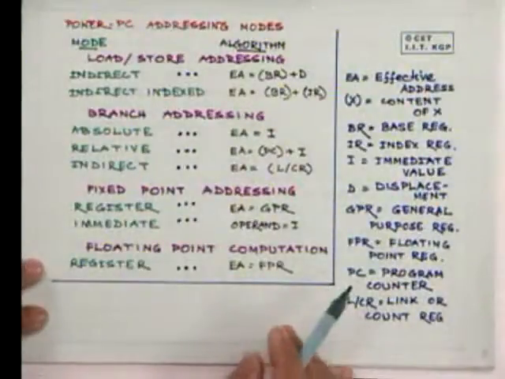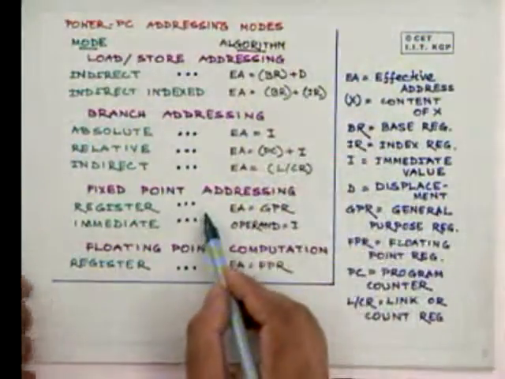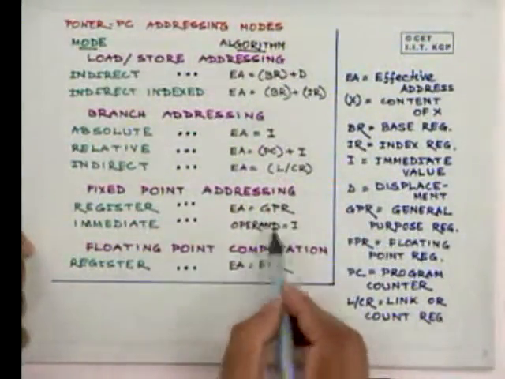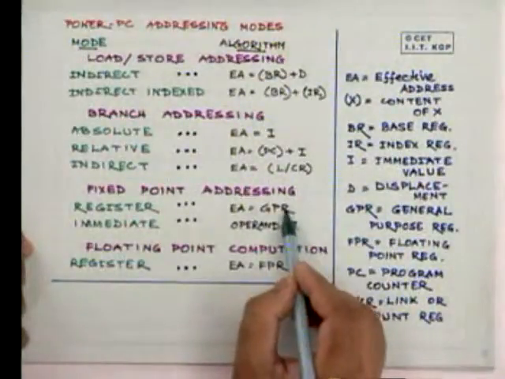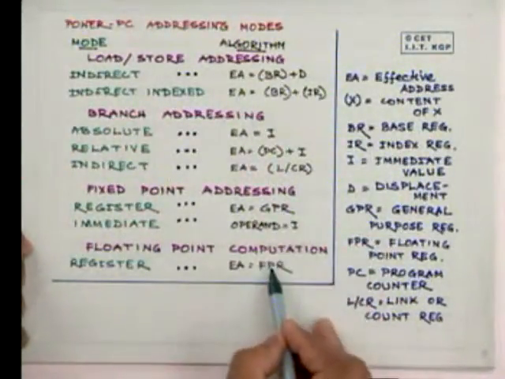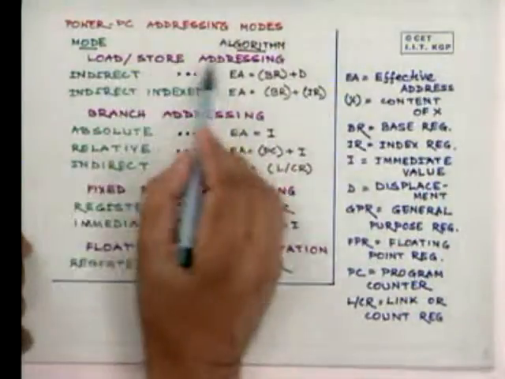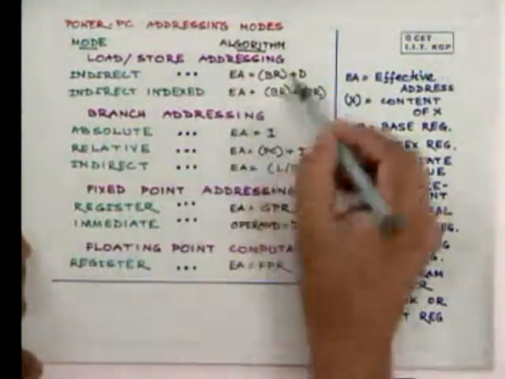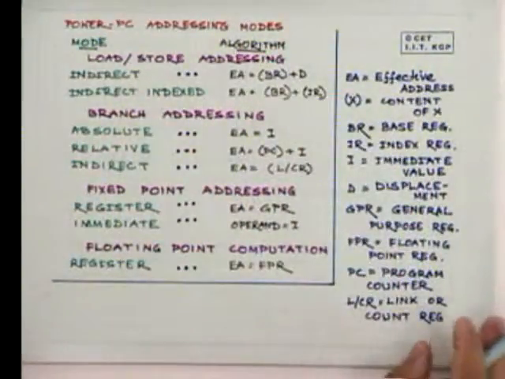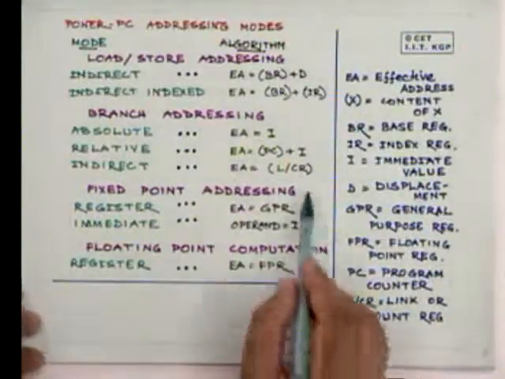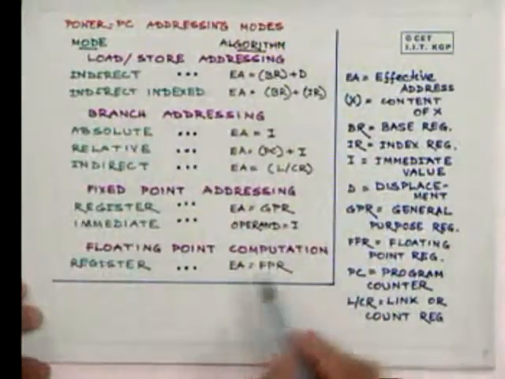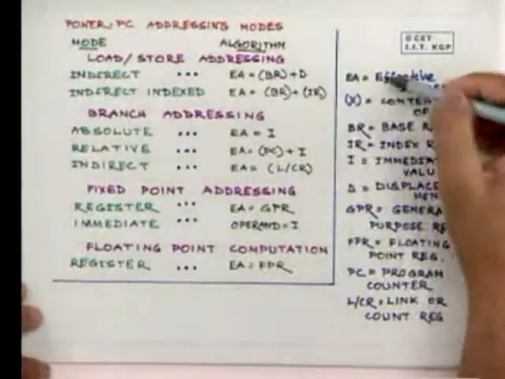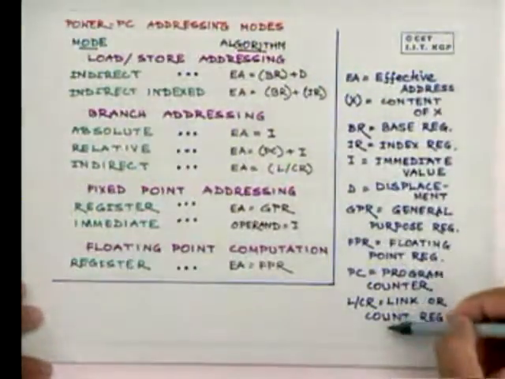Now you see, it's a very simple set of addressing modes. If you have to do any fixed point or floating point operation, basically you will have to bring the operand to a general purpose register or an FPR by means of the load store addressing, right? Now what I suggest is that you see these addressing modes in terms of the symbols that I have used, which has been explained here.